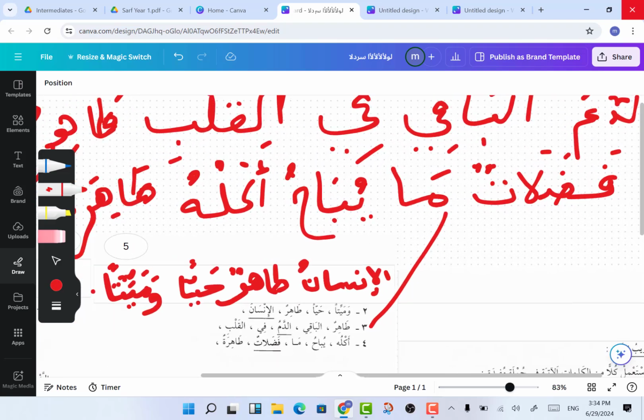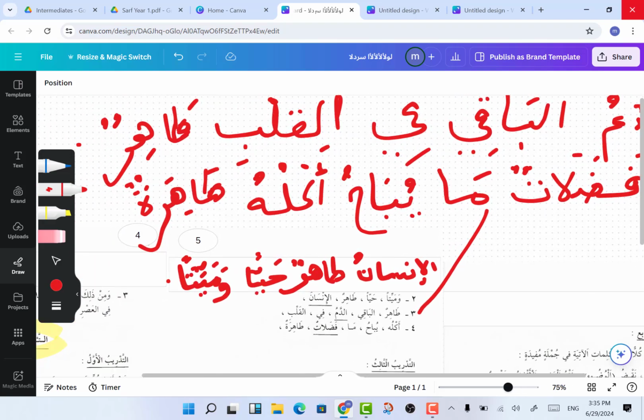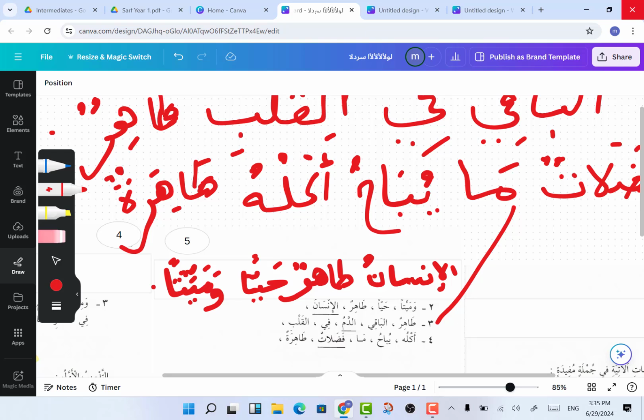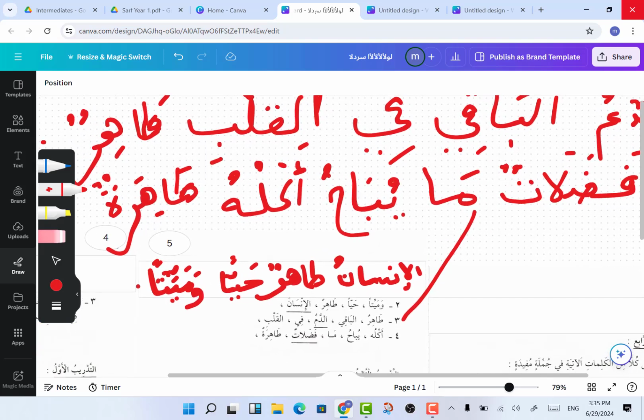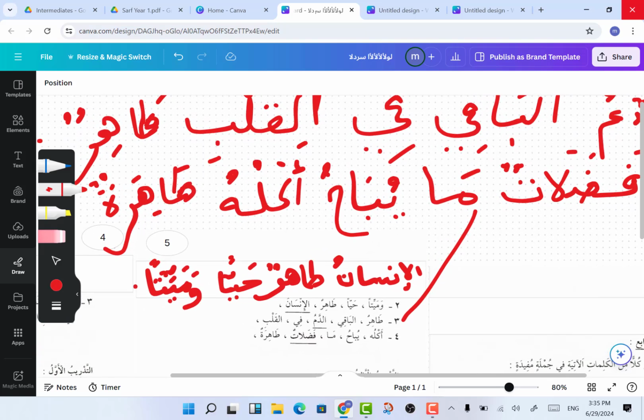Fadolatun, the remains of which eating is legislated, is pure. That is the remains of the animals that we are given the permissibility to eat. Their remains, their feces, their urine. Are you getting me? Their remains are pure.